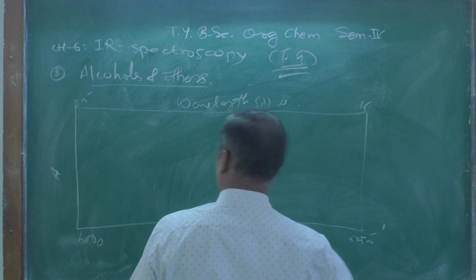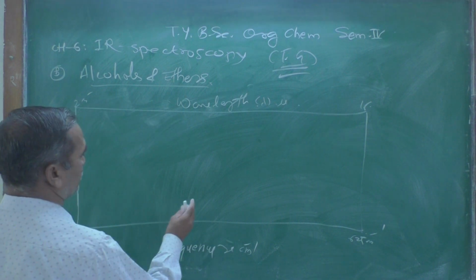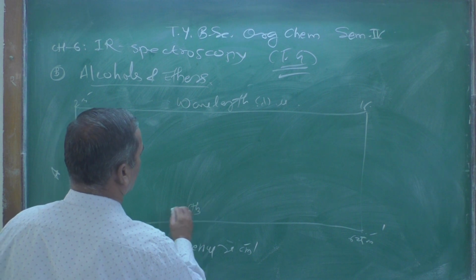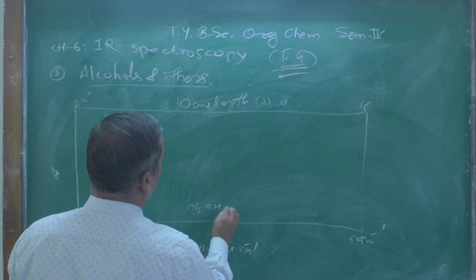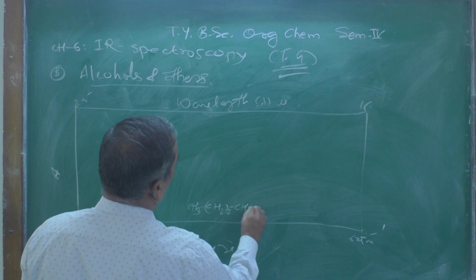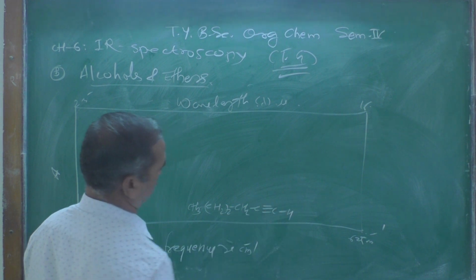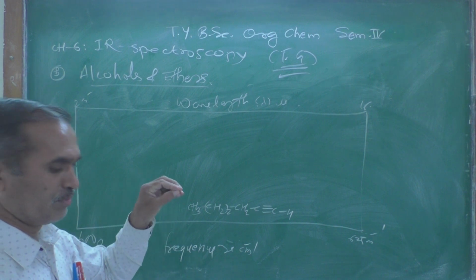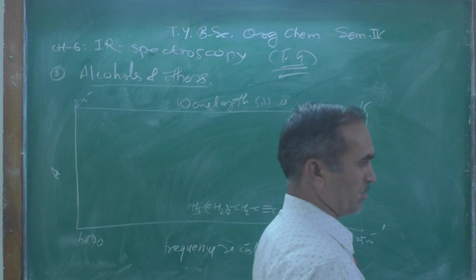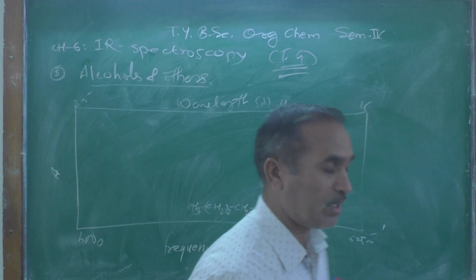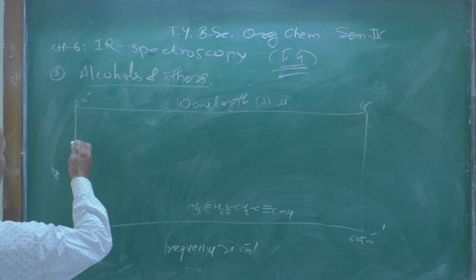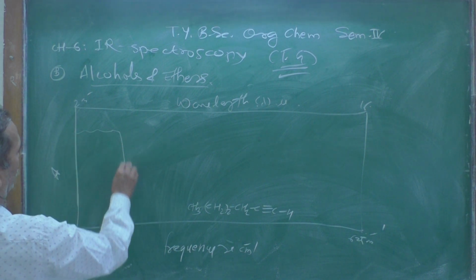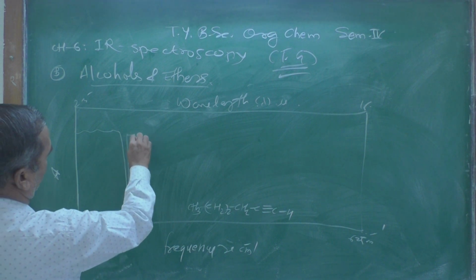Now if you see here, one of the compounds I am showing is CH3, CH2 twice, CH2, C triple bond C and H. If you run the spectra of this compound, it looks like this.